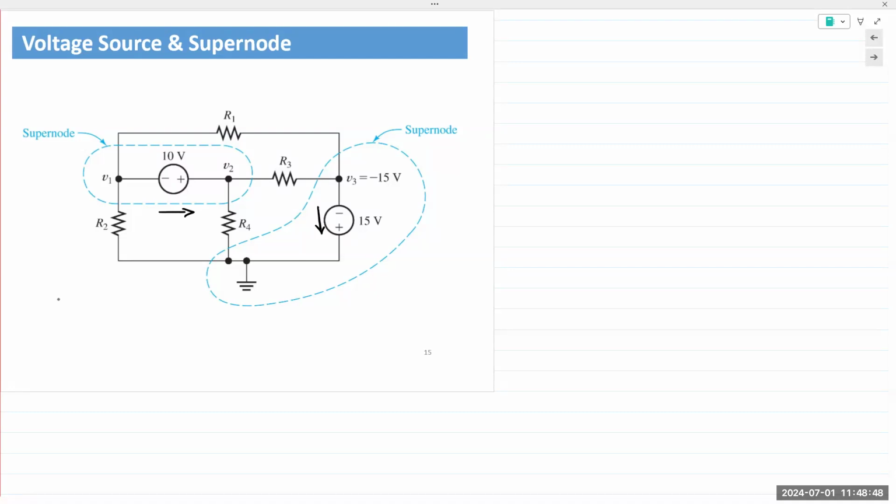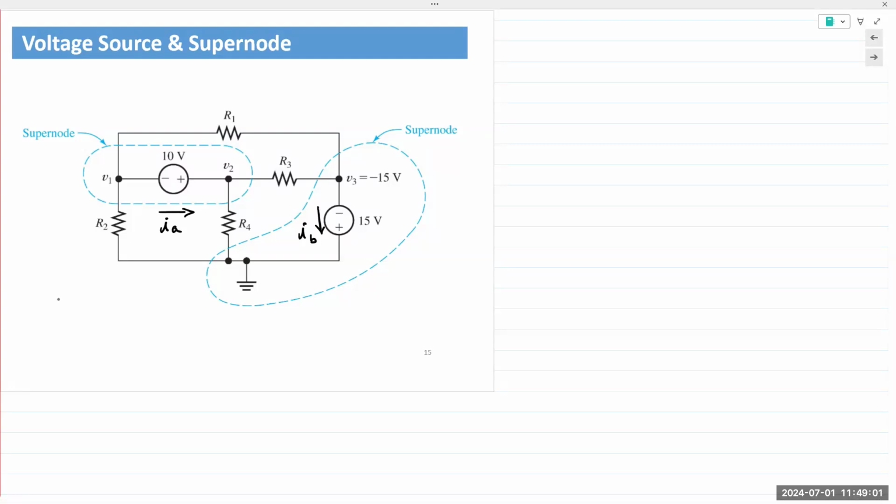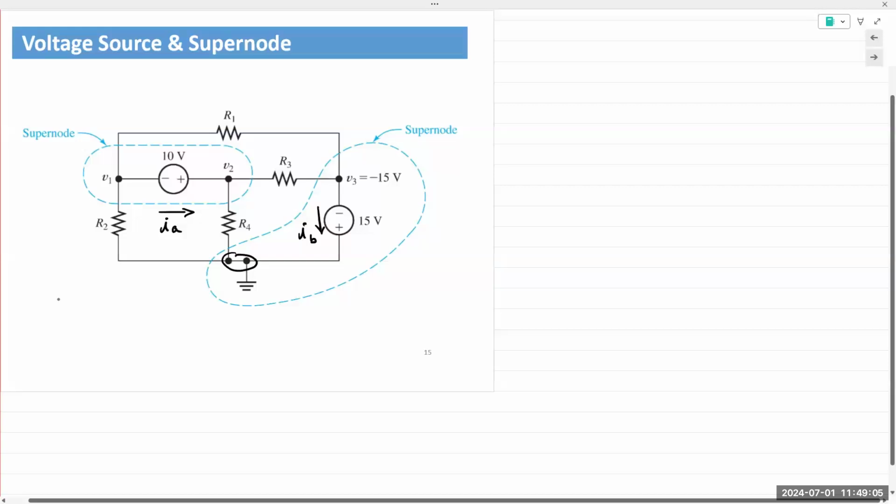Make sense? So all you're going to do is, let's call this IA and let's call this IB. You choose one end of that voltage source as your reference. In this case, the illustration has this bottom node as the reference, and the nodes are 1, 2, 3.